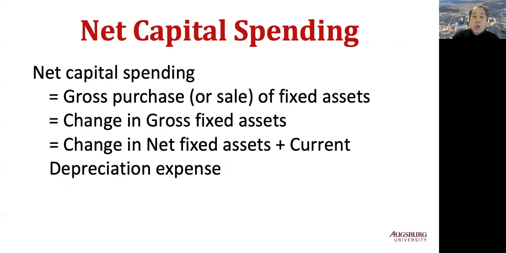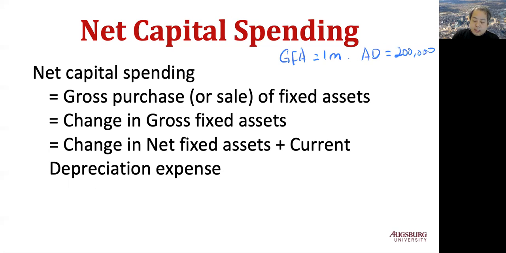However, as we know, we depreciate this building by a certain method. Suppose 2 years later, we have depreciated $200,000. Then the gross fixed asset is 1 million, accumulated depreciation is 200,000.